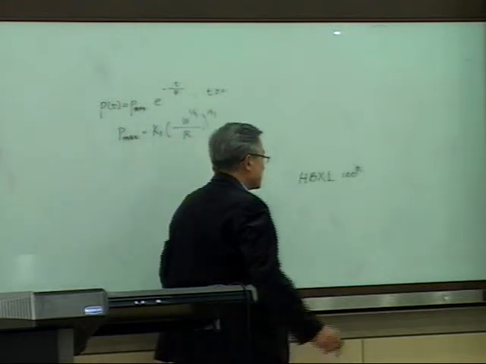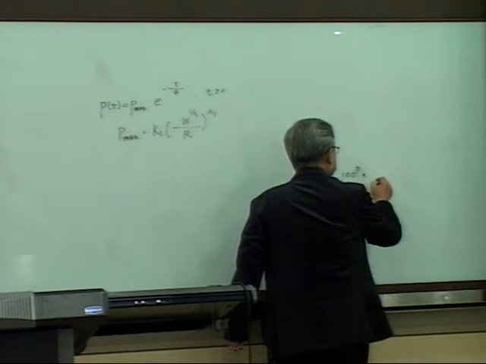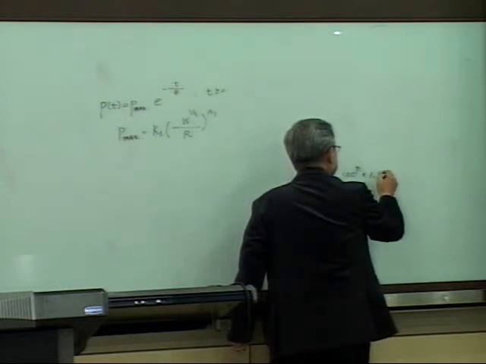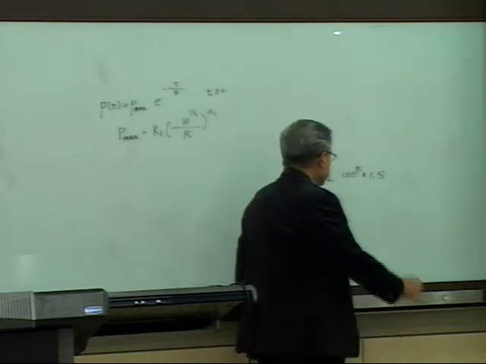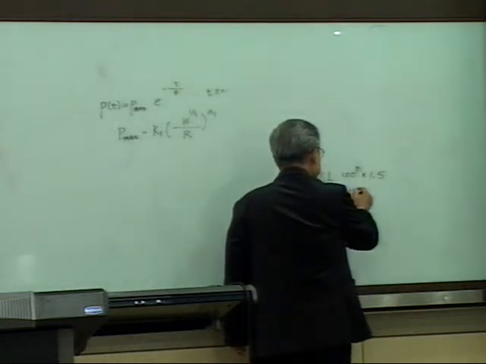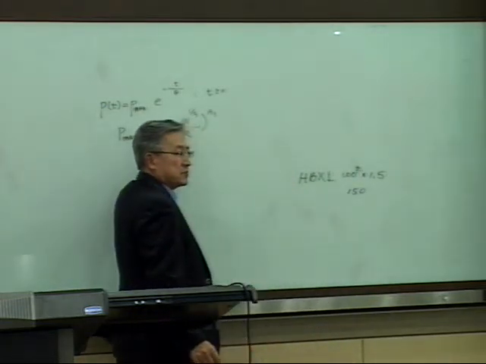It has to be multiplied by the multiplier equivalent to TNT, which is about 1.5. So then it has to be 150 pounds. Then you will put the 150.